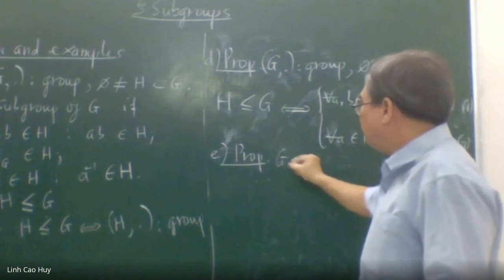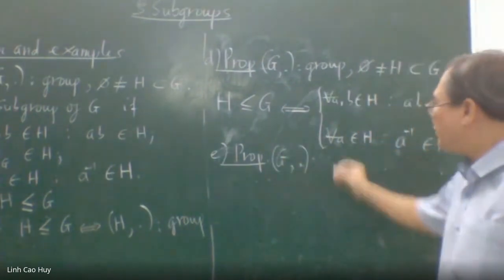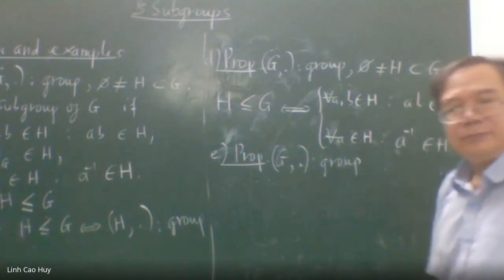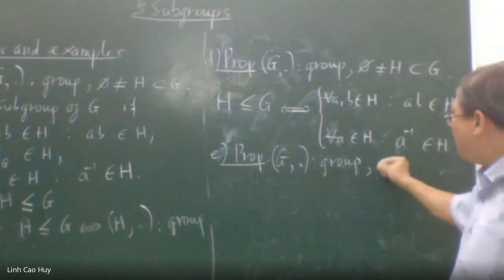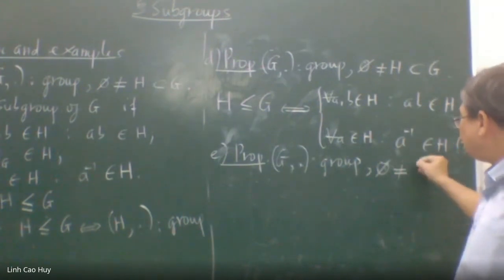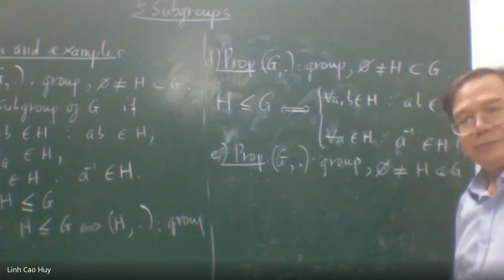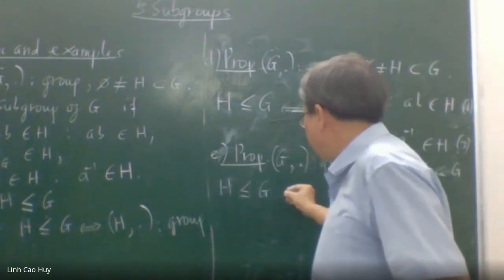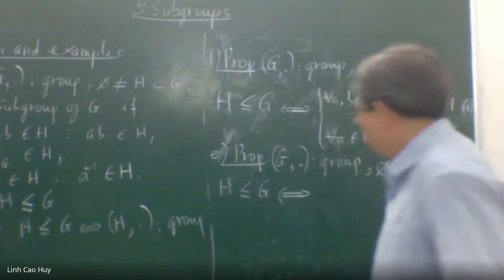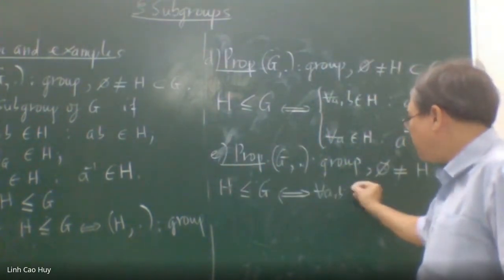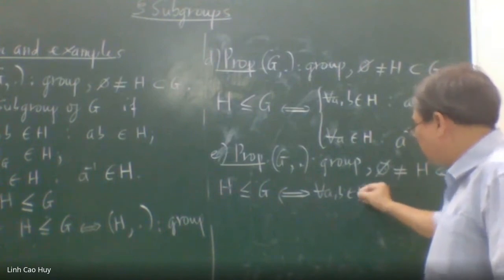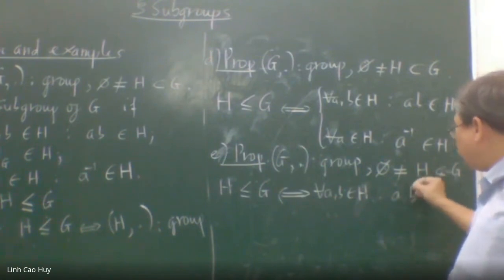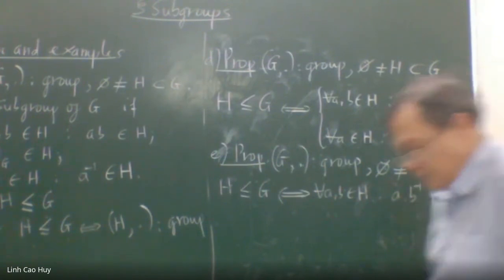Let G be a multiplicative group, and H a non-empty subset of G. Then H is a subgroup of G if and only if for any A, B in H, we always have A times B to the minus 1 also in H. Only one condition.